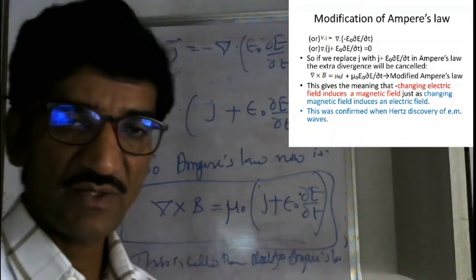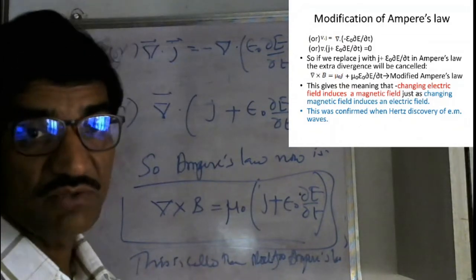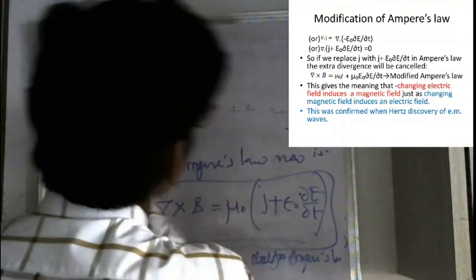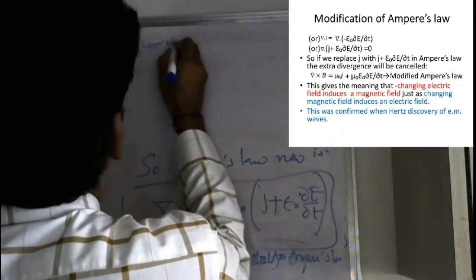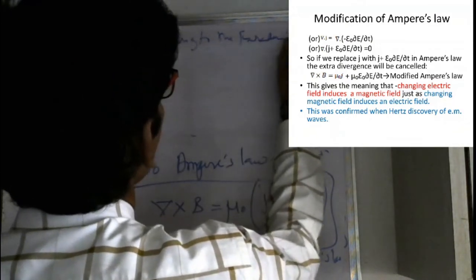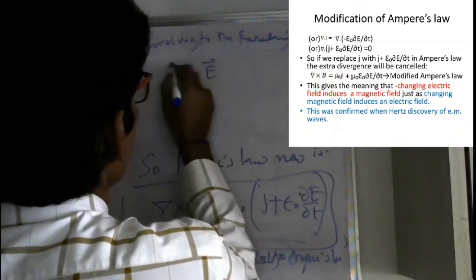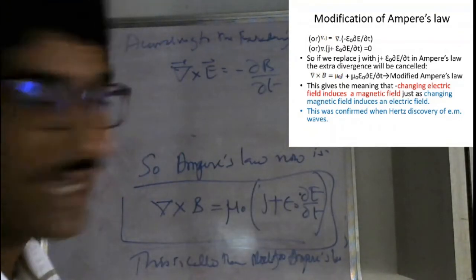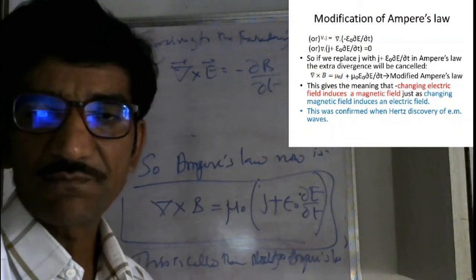On one side you have electrical quantity, on the other side you have magnetic quantity. So there you have del cross E. According to the Faraday's law, del cross E is equal to minus of dou B by dou t.